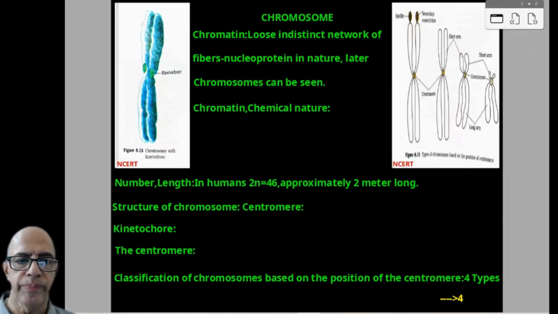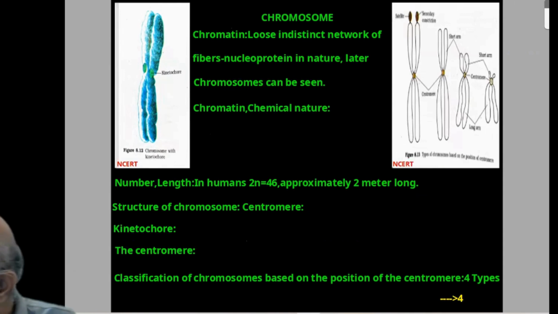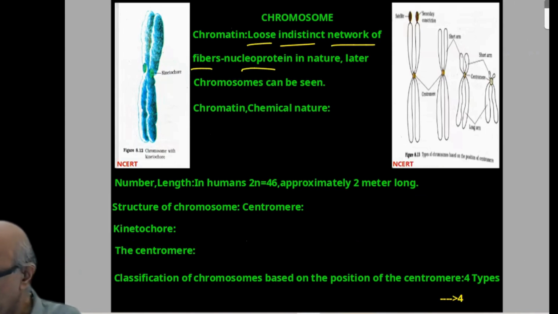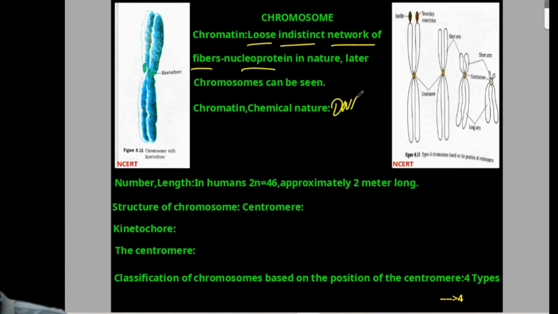It is the chromosome. So what is chromatin? Chromatin means a loose, indistinct network of fibers, chemically nucleoprotein in nature. Later chromosomes can be seen or will develop from this. Chemically, chromatin contains DNA.